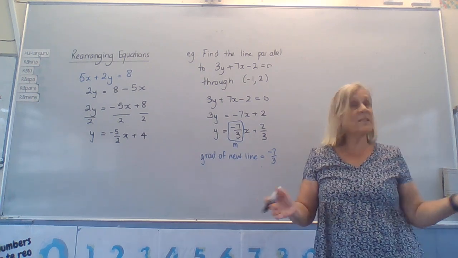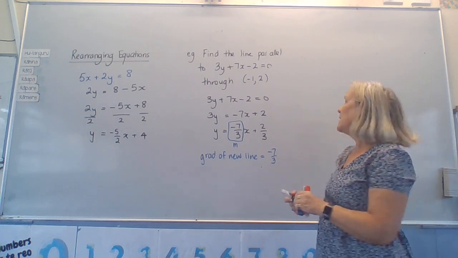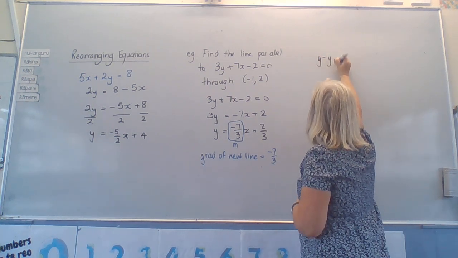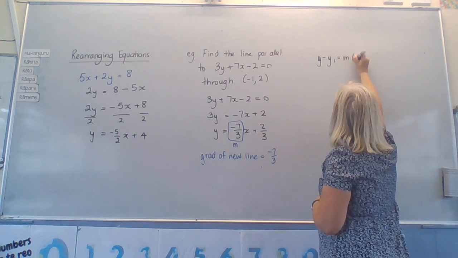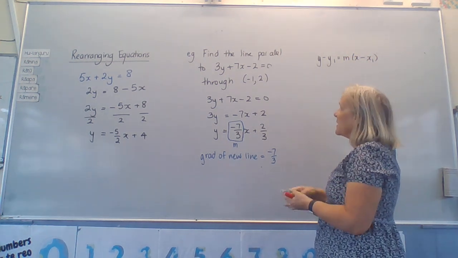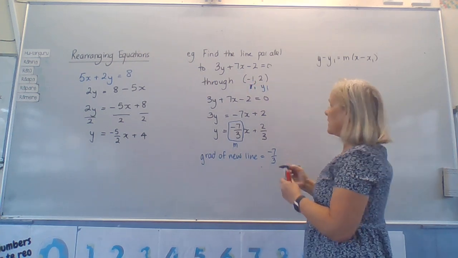So we were practicing equations of a line, given a gradient and a point. Here we go. y minus y1 equals m times x minus x1. This is our x1, this is our y1.